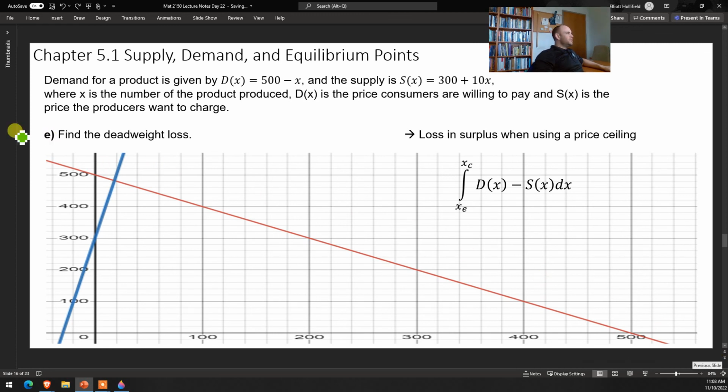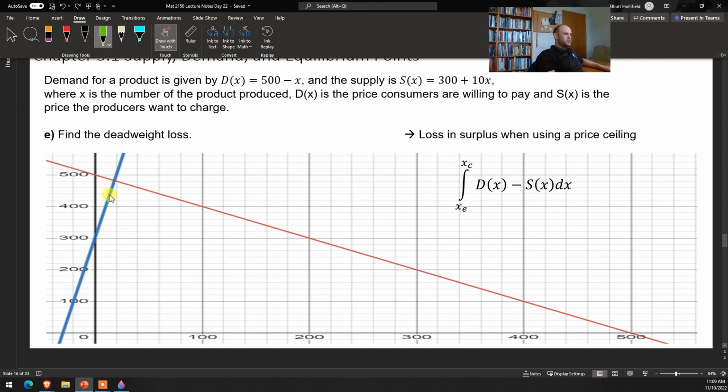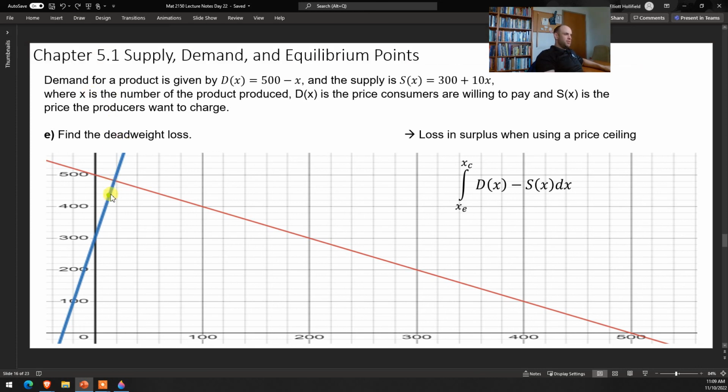Now our goal is to find the deadweight loss. Let's first draw the picture that corresponds to that quantity. Now we have both the points corresponding to our price cap and the equilibrium. So here we have P sub C, here we have X sub C, P sub C. Now those gave us these rectangles.